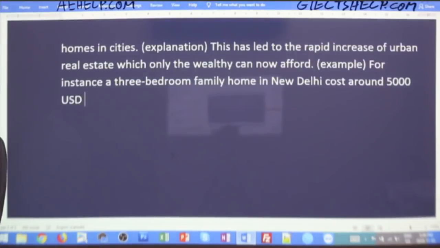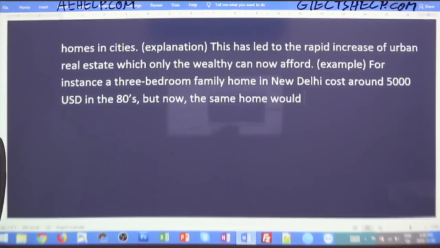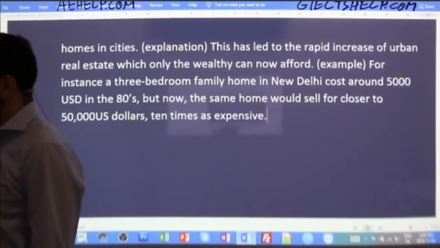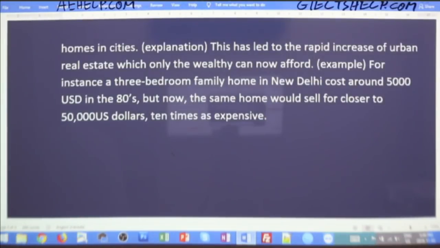But now, the same home would sell for closer to 50,000 US dollars. Okay, 10 times as expensive. So that would be a specific example.